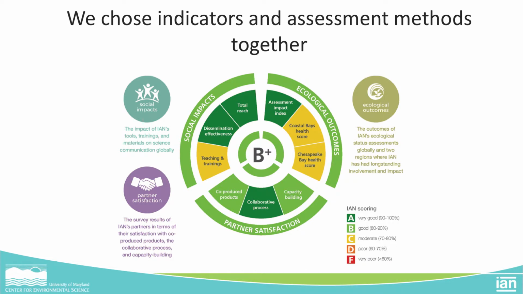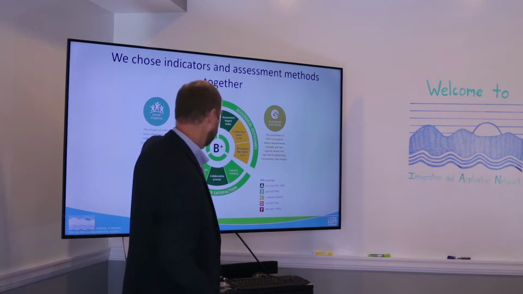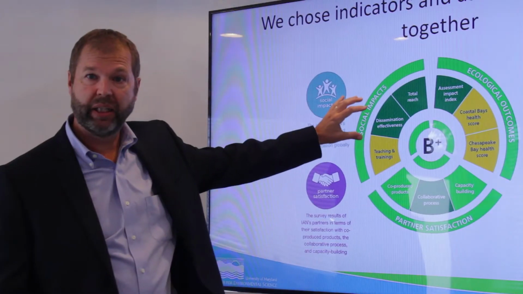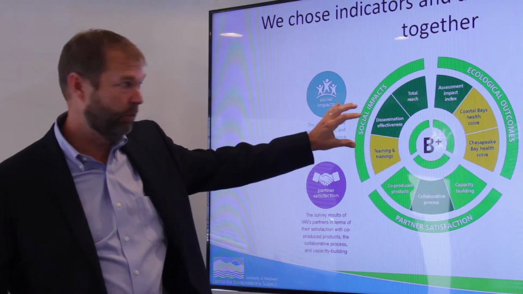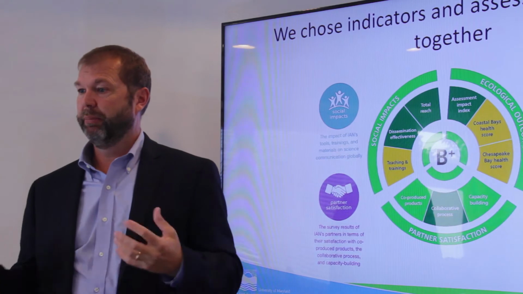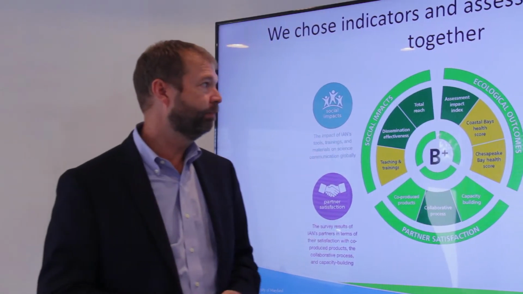So in societal impacts, how many teachings and trainings have we produced and conducted over the last year? How are we doing in disseminating the products and the outcomes that we've generated? And how many people are we reaching with the products and the projects that we're engaging in? What's our total reach of all the things that we're doing?